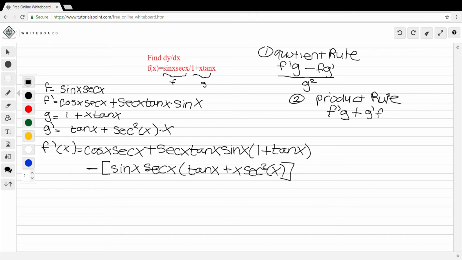Okay, and don't forget, it's all divided by g squared, which is 1 plus x tangent x, squared.